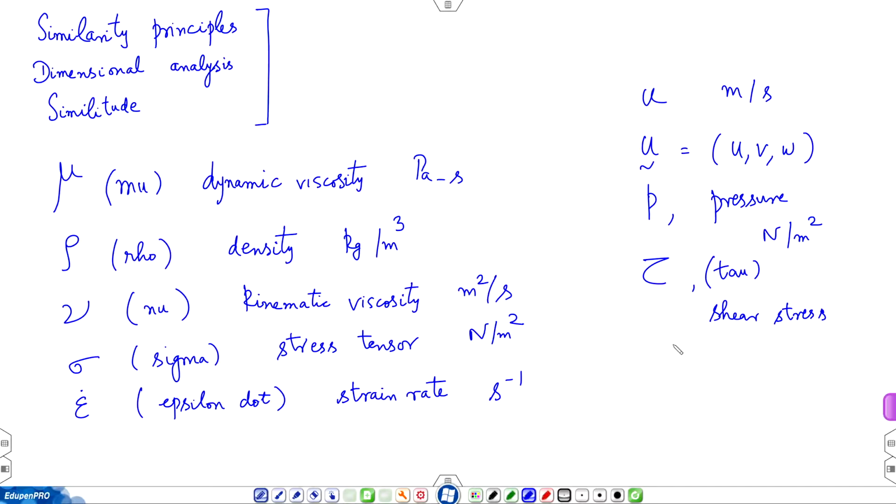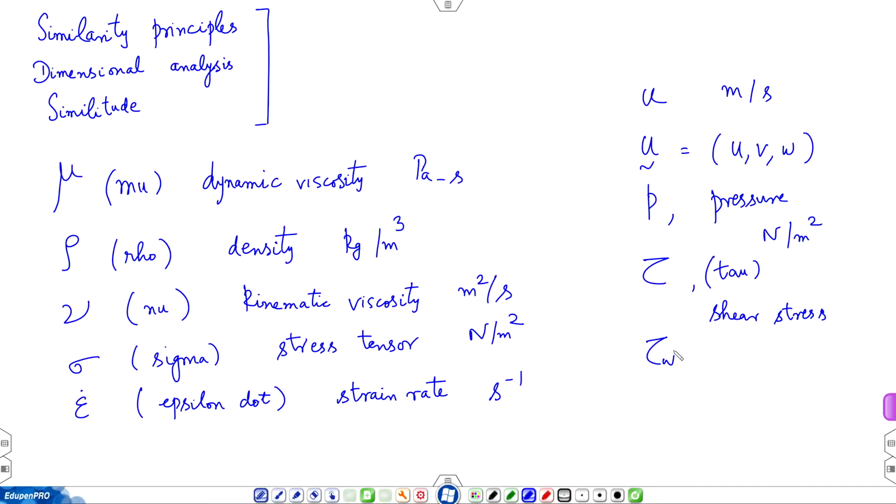For wall shear stress, tau wall, we put a suffix W, that is the shear stress at the wall. You are always worried about the force acting on the object because of fluid motion. So, pressure is P anywhere, but we are also interested in pressure at the wall. Similarly, shear stress at the wall.